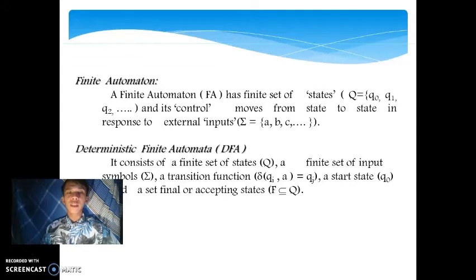A finite automaton has a finite set of states, and its control moves from state to state in response to external inputs. A deterministic finite automaton, or DFA, is a simple type of finite automaton. It consists of a finite set of states, a finite set of input symbols, a transition function, a start state, and a set of final or accepting states.